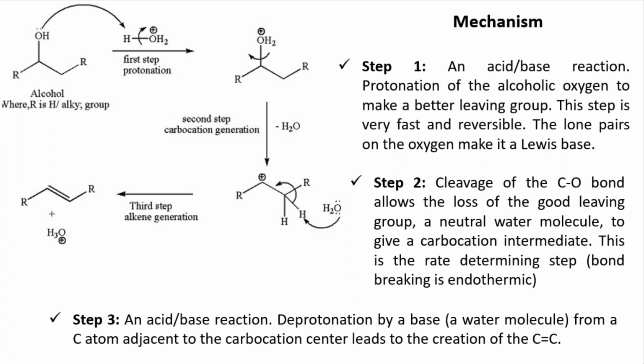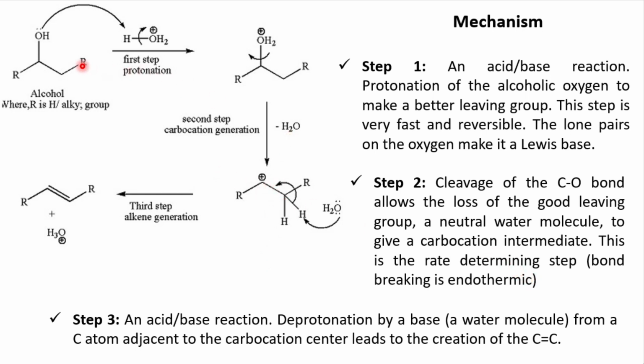Now, the mechanism of the reaction involves three major steps. The first step is the protonation step. The second is the cleavage of the C-O bond, which leads to the elimination of water, because water is a good leaving group. It leaves, and then the last is the deprotonation by a base to form the carbon-carbon double bond from the carbocation intermediate.